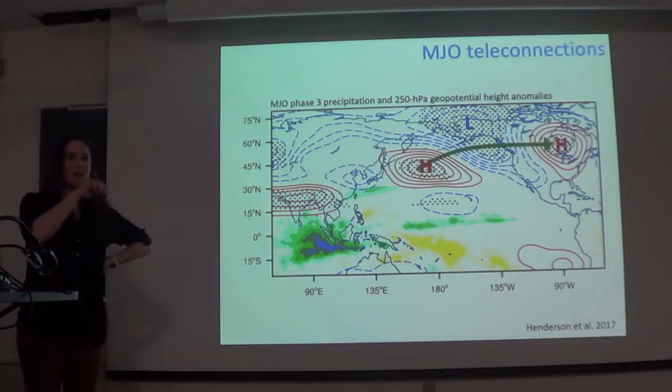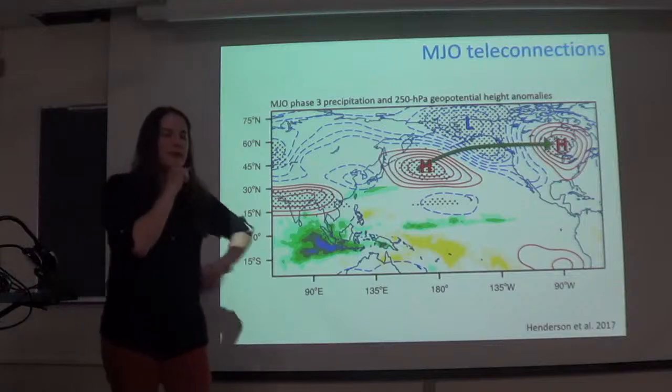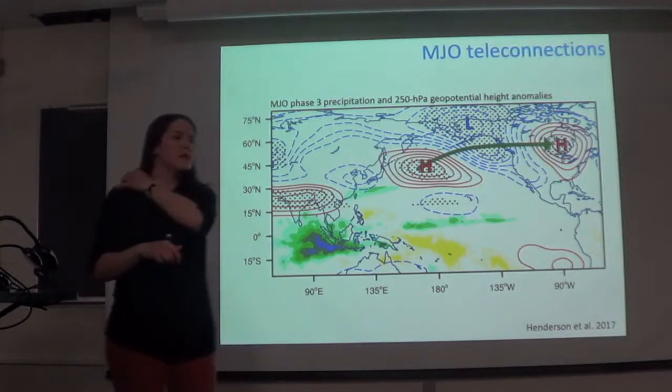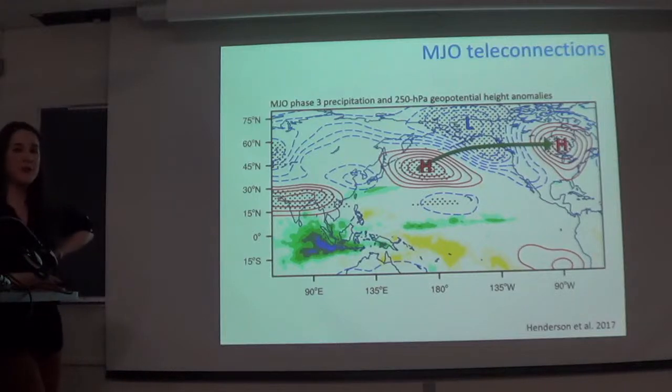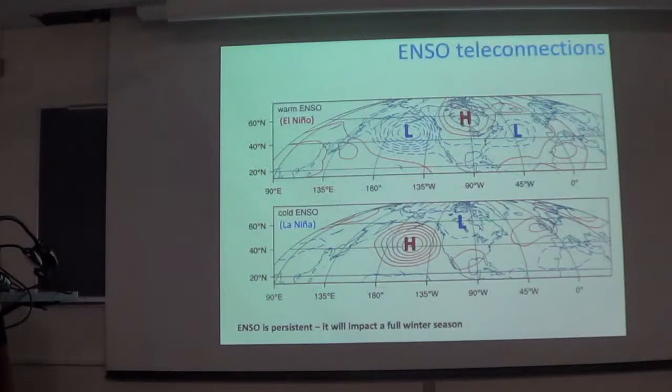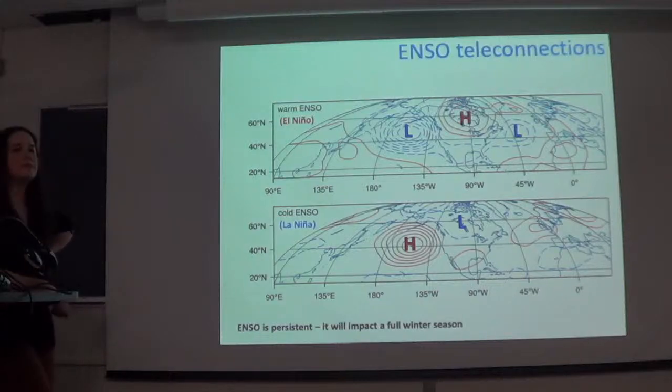I have a related question, and this gets into the timescale of ENSO versus the MJO. I have two thoughts in my head for ENSO regarding how it's setting up the geopotential anomalies, like its teleconnections. The first would be that ENSO is setting up a standing wave the same way that the MJO is here, and that standing wave just has a much longer time scale because ENSO has a longer time scale.